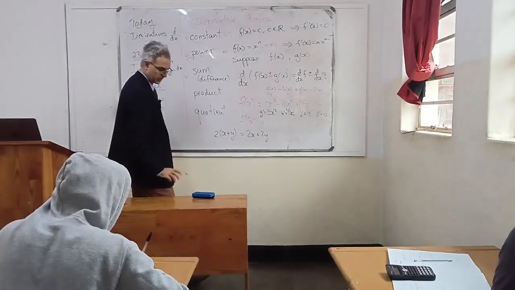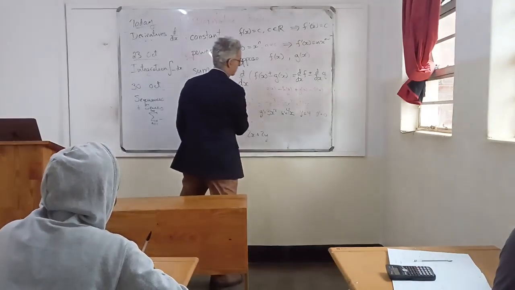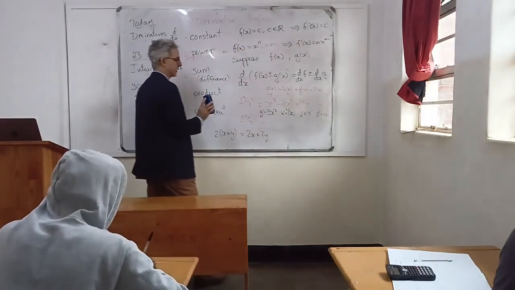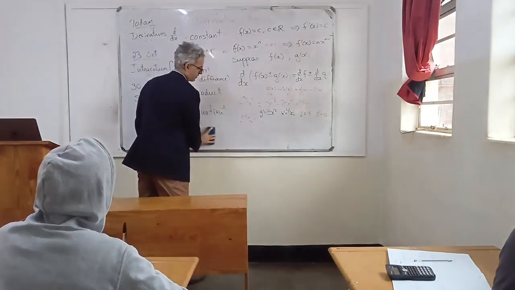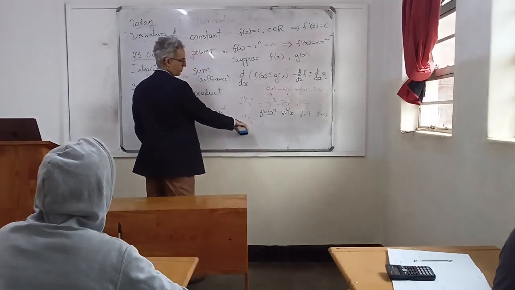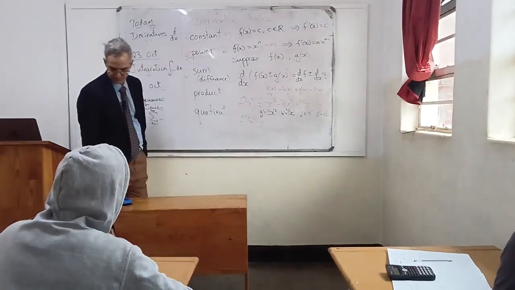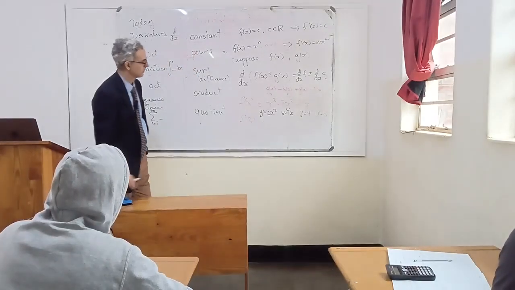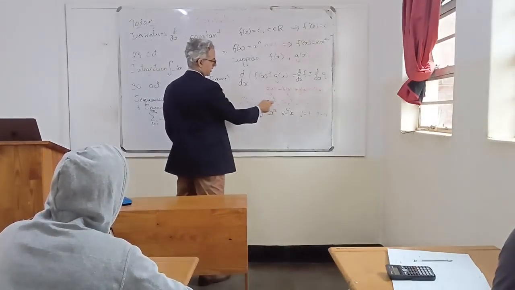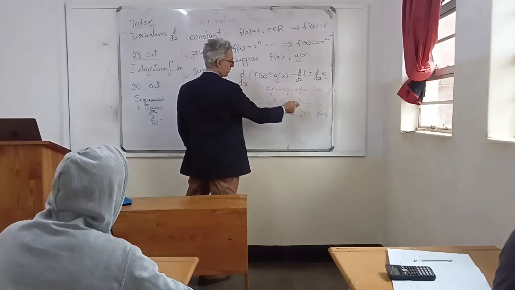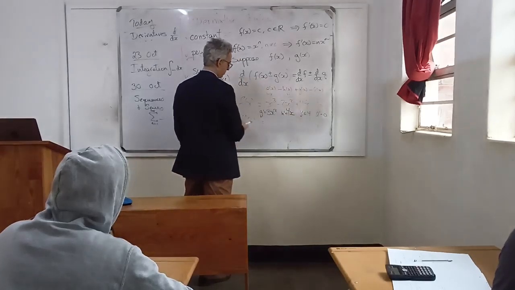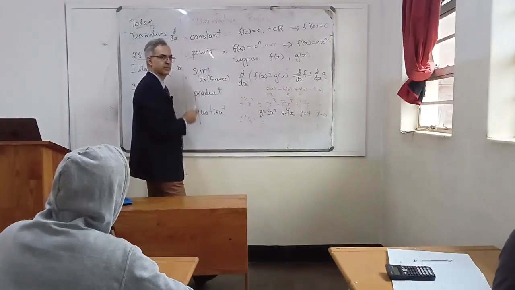Now, so now we're ready with this information. We can answer the question, what is f prime? Right? We said f of x is x cubed minus 2x squared plus 4x minus 6. What is f prime of x?